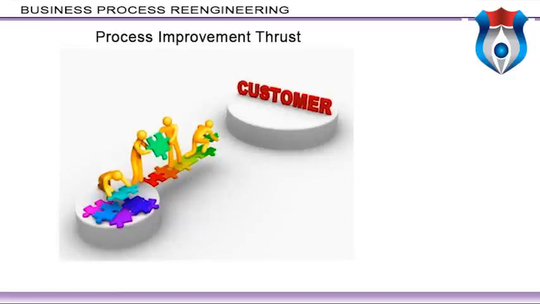Process improvement thrust. By defining, identifying and analyzing the potential causes of a problem, organizations can make the necessary commitment for processes restructured. The purpose of process improvement thrust is to eliminate waste, scrap, rework, returned goods and other redundant activities to improve process effectiveness and dramatically reduce the cost of quality deficiencies.